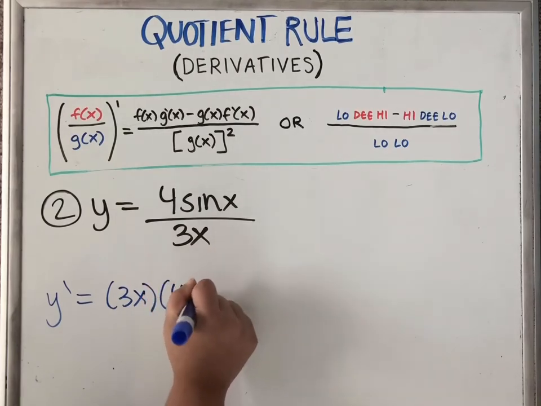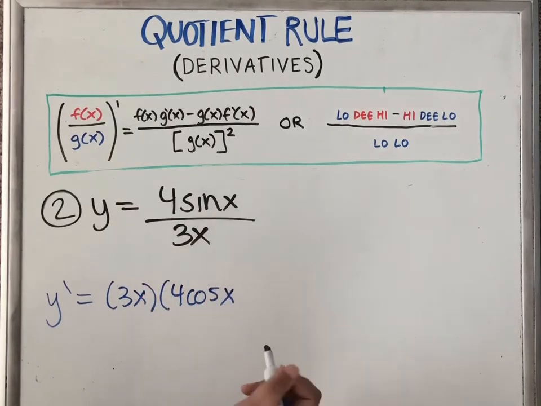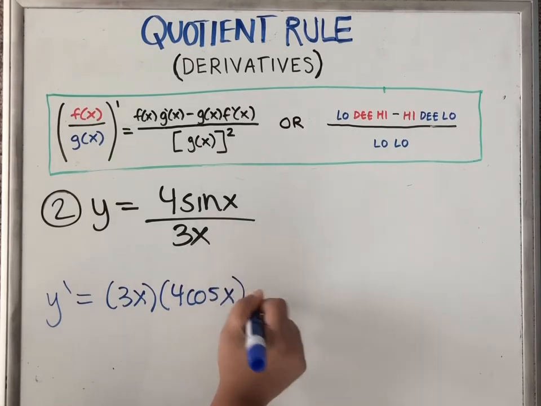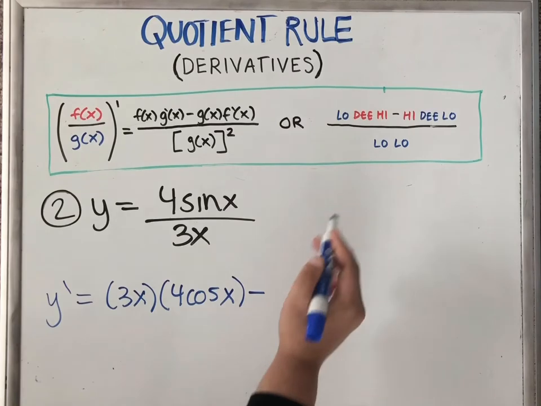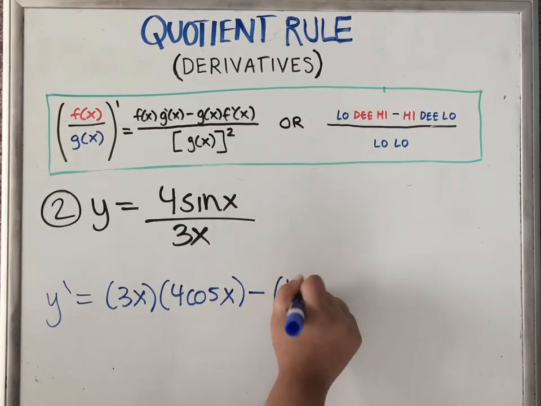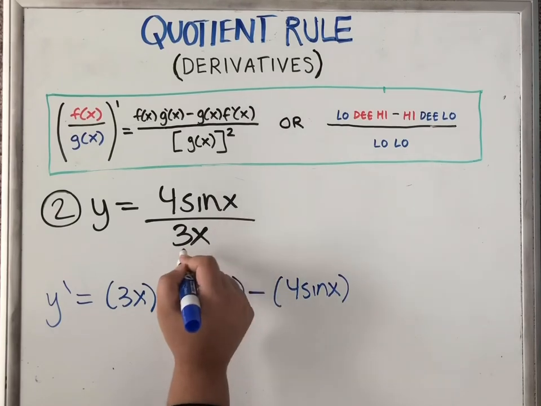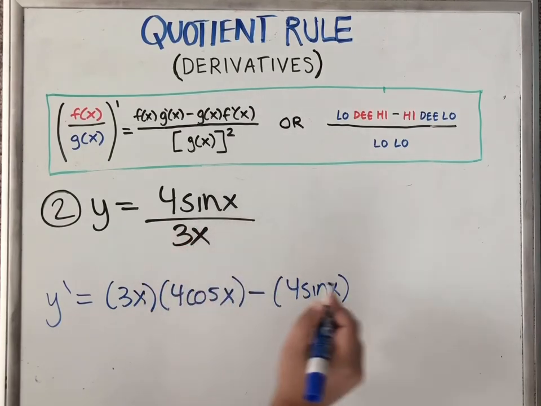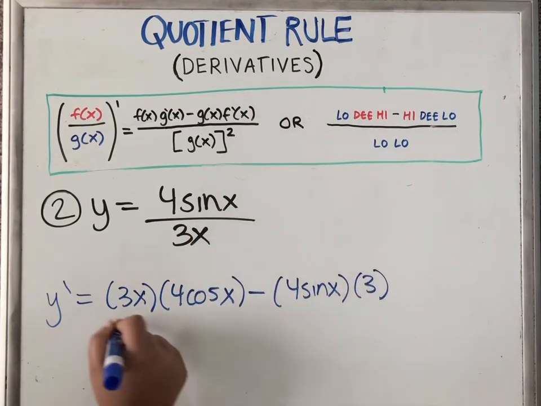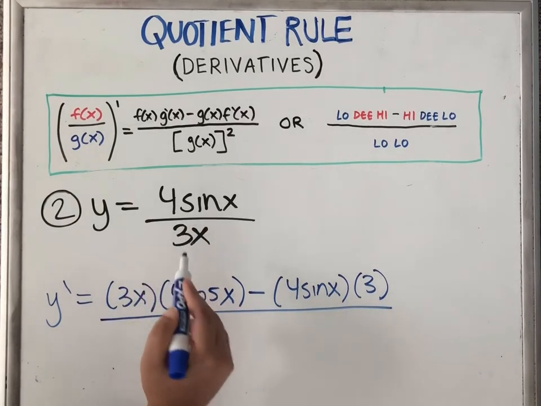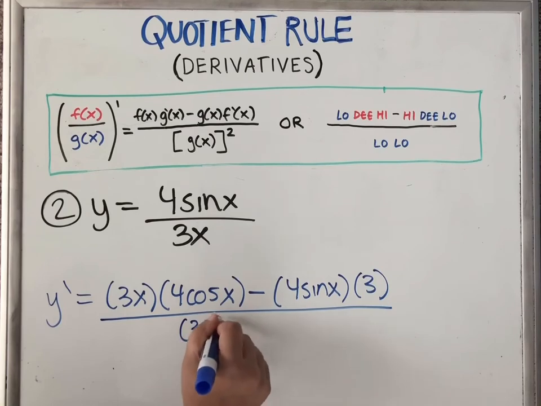a 4 cosine x. And feel free to check out my video on trig derivatives if this looks unfamiliar to you. Minus high, which is 4 sine x, times the derivative of the low, which is going to give us a 3. All over low, low, so 3x times 3x.